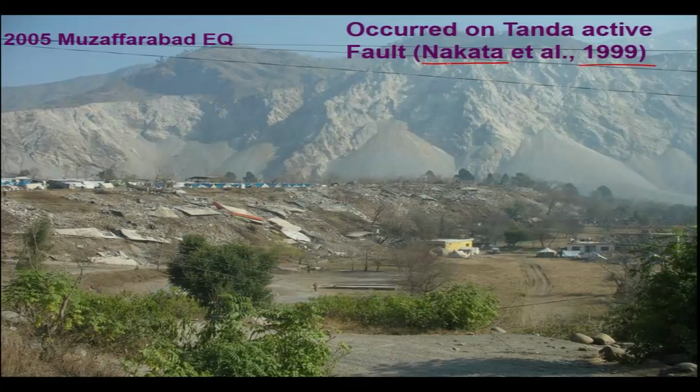And he gave the technique for how active faults should be identified. Now, he reported the Thanda active fault in Kashmir, in Pakistan, saying that this is one of the active faults which will trigger an earthquake in the near future.